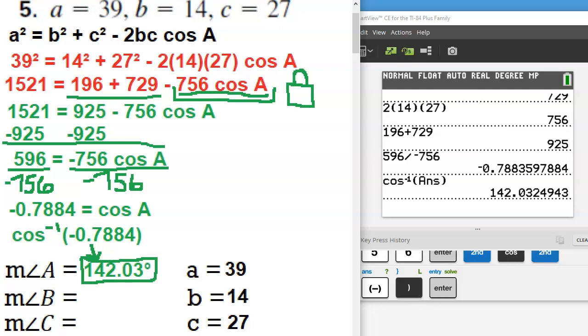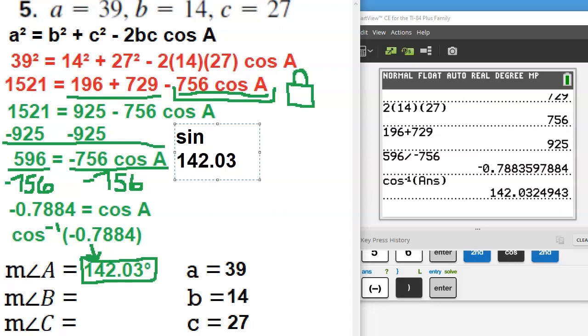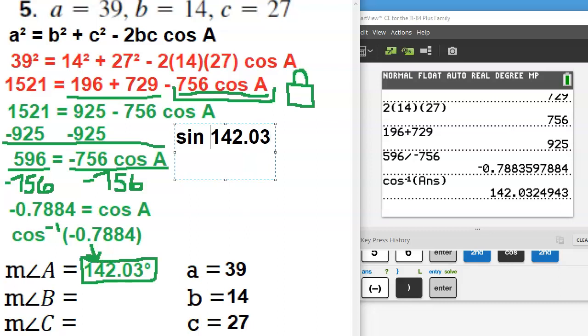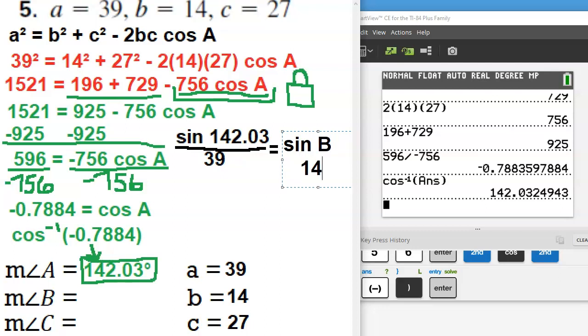And we are going to say sine of 142.03 over 39 equals the sine of b over 14.